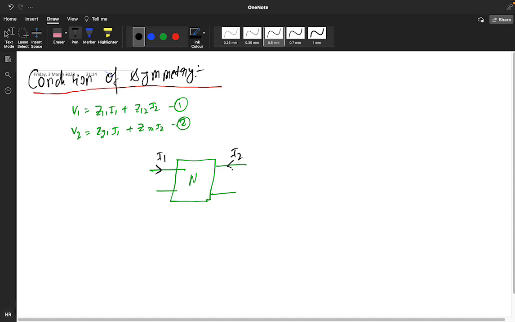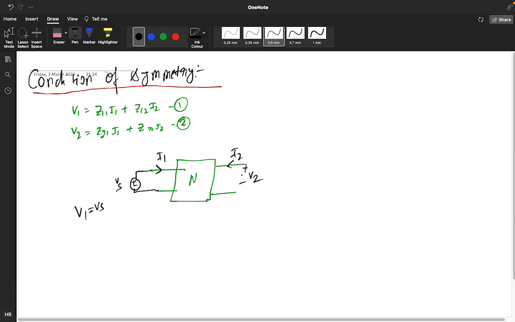Now suppose you are connecting a voltage source Vs here, and this is the positive and negative V2. So V1 is equal to Vs. Now you assume this port is open.